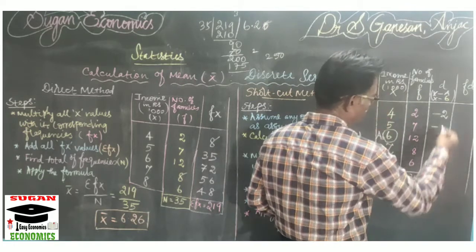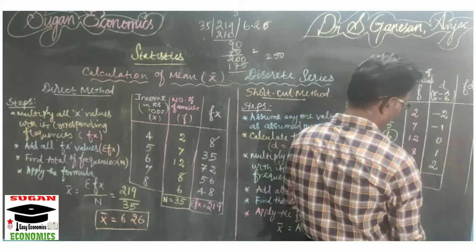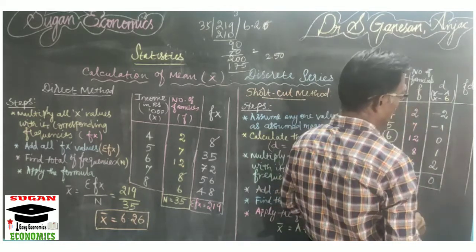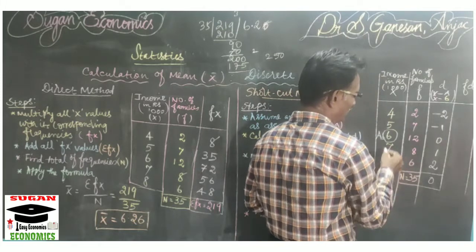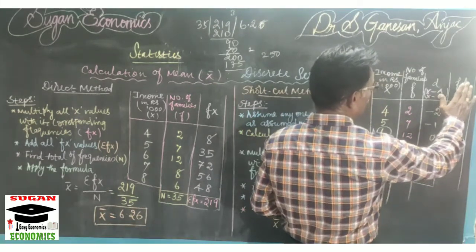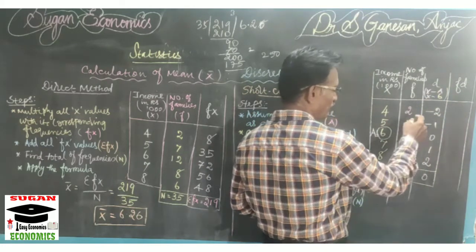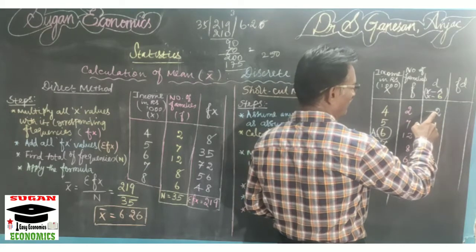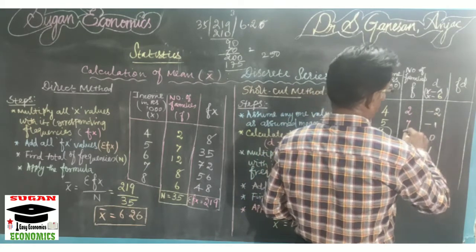So now you take the deviation total. The deviation total is equal to 0 because the arithmetic mean is 6. Now what you have to do is multiply the deviation value with the corresponding frequencies. Remember the signs carefully.